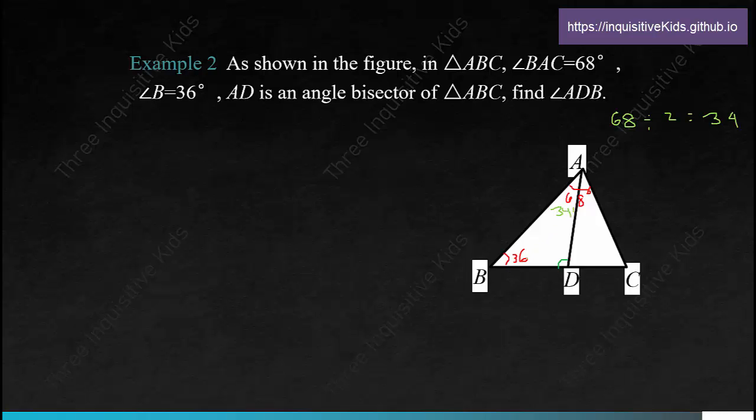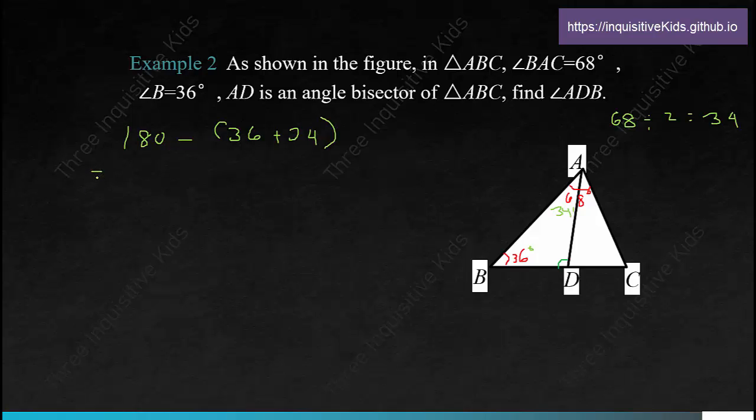Now that we know that angle B is 36 degrees and angle BAD is 34 degrees, we can easily find the angle number for angle BDA or ADB. What we do then is we take 180 degrees, the total of all the interior angles, then we minus the sum of 36 plus 34 degrees.